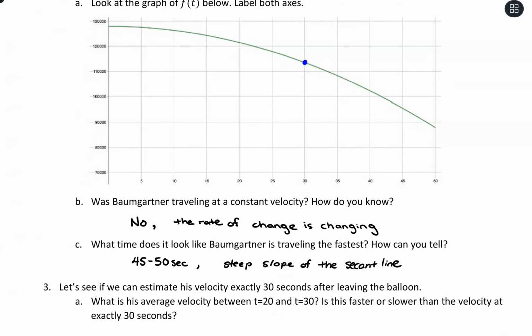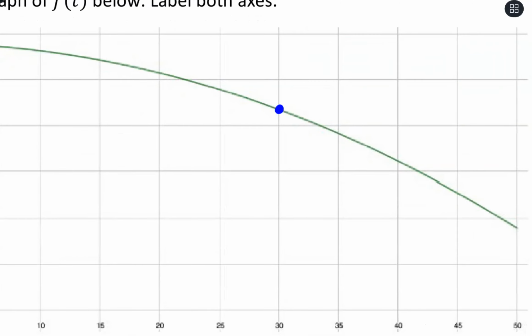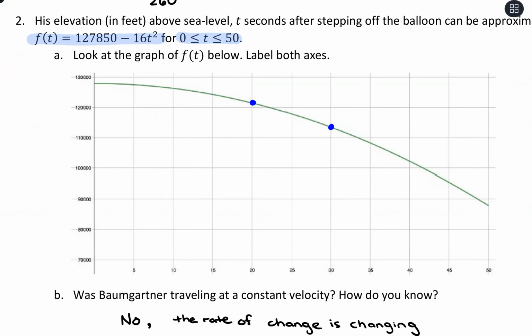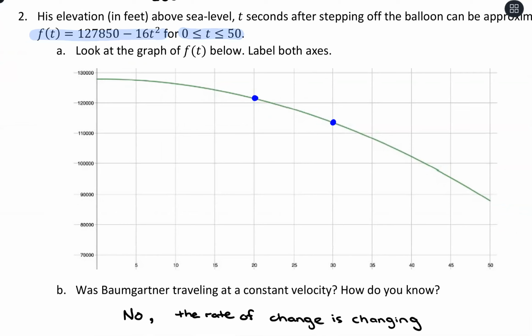To start with our estimates, we're going to look at average rate of change, or average velocity, around that point. So we're going to look at 20 to 30 first. There's 30, here's 20. And we're just going to estimate what the outputs are at those points. So we're about here and about here.